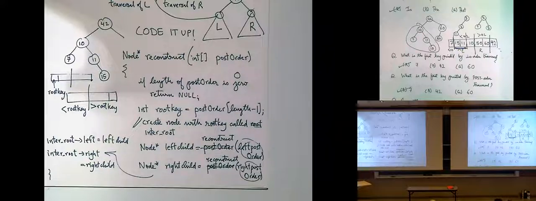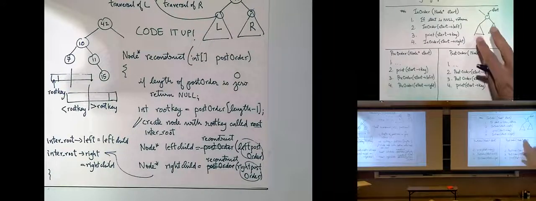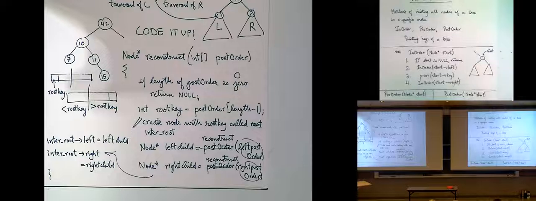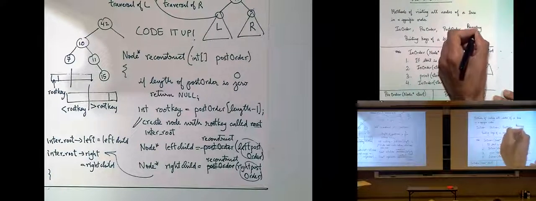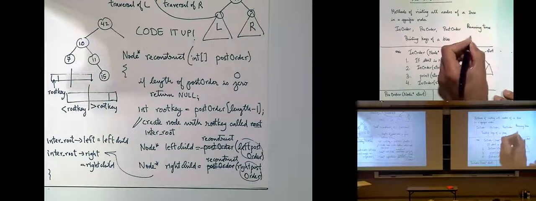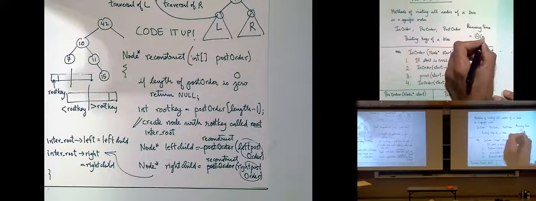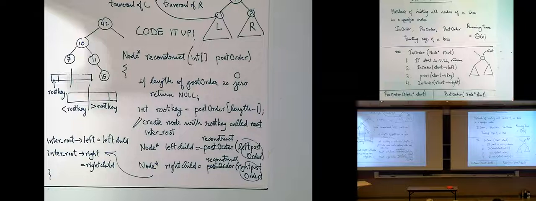And once you get it, there's really nothing more to know about traversals, frankly. The in-order traversal gives you the sorted order, and given the pre- and post-order traversals, either of them, you can reconstruct the tree. That's the basic thing. Maybe one thing that I should have said, which I did not, is that the running times of all of these traversals is just theta of n, where there are n nodes in the tree.